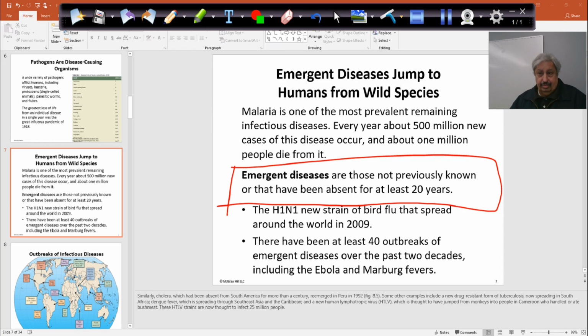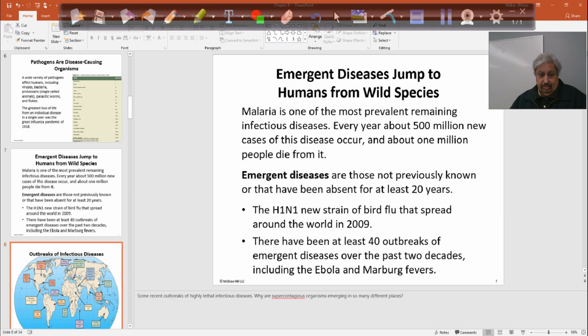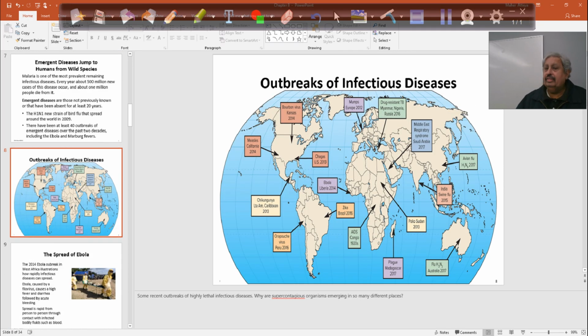And here they will tell you about emergent infectious, contagious diseases all over the world, with the names of the country and the years it's happening, correct? So you can look at this.